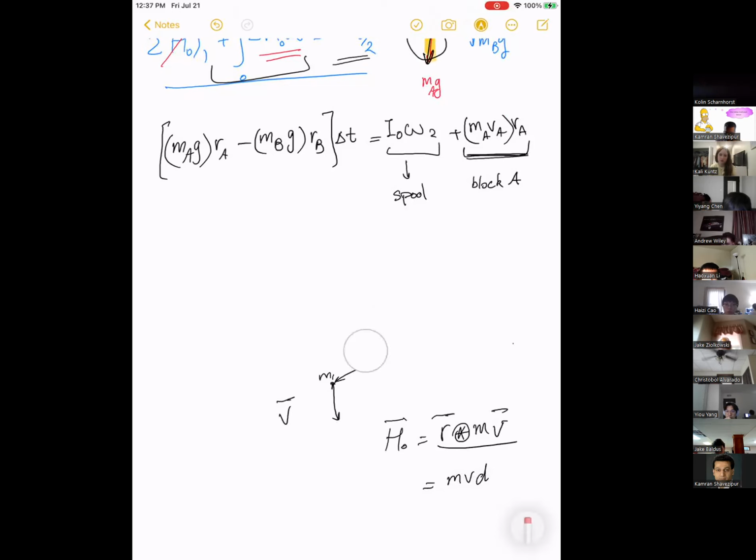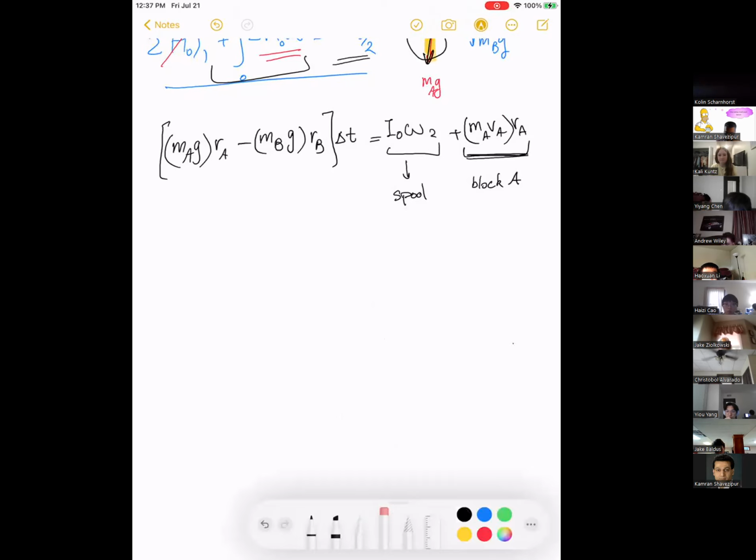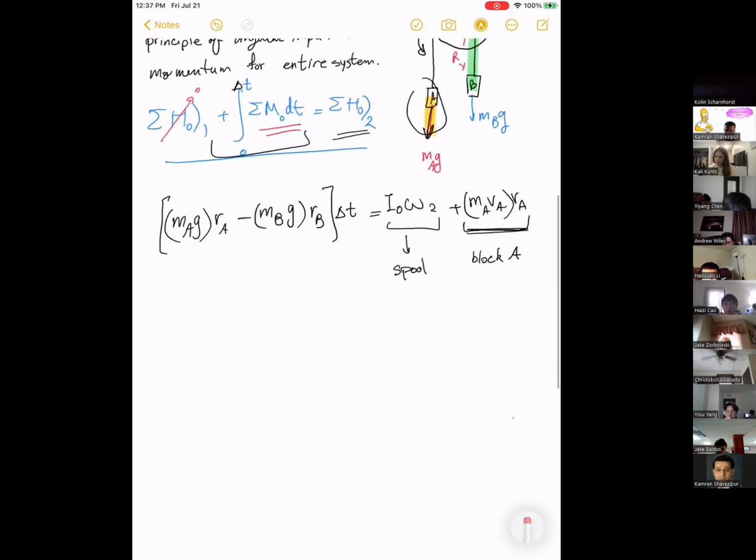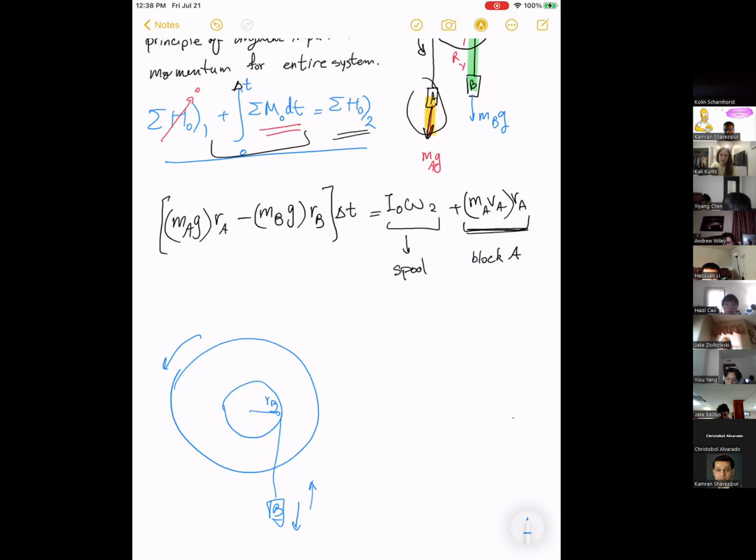Now, how about particle B? Is it positive or negative? I'm going to redraw the spool to see how it goes, because I want to get it a little bigger. If this is your spool, if this rotates this way, does B go down or B go up?